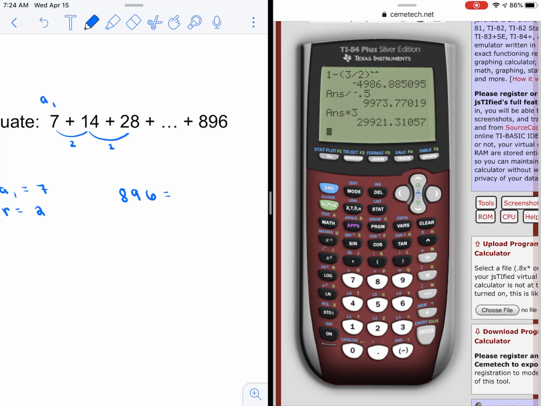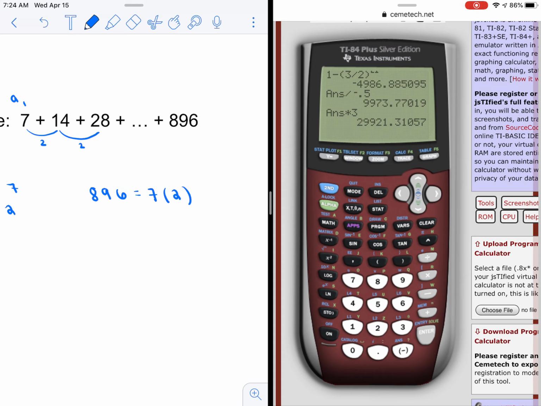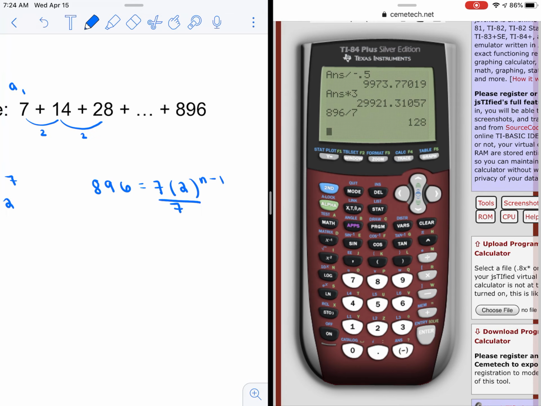So let's start filling this out. We have 7 times 2, and we want to think about how many times we're multiplying that 2. So I can fill in this formula for finding the rule, but we need to just solve for n. I can take 896 and divide it by 7.